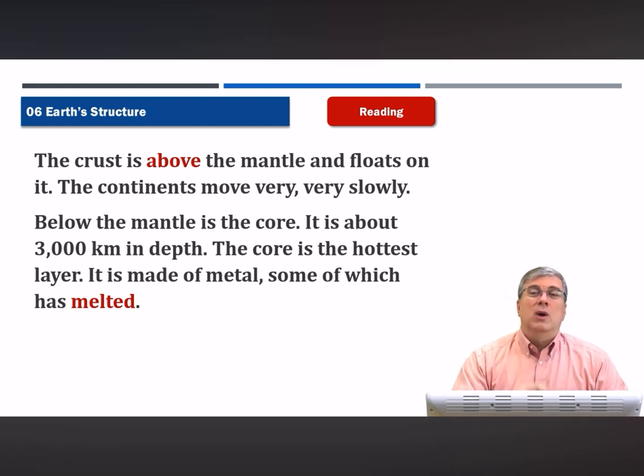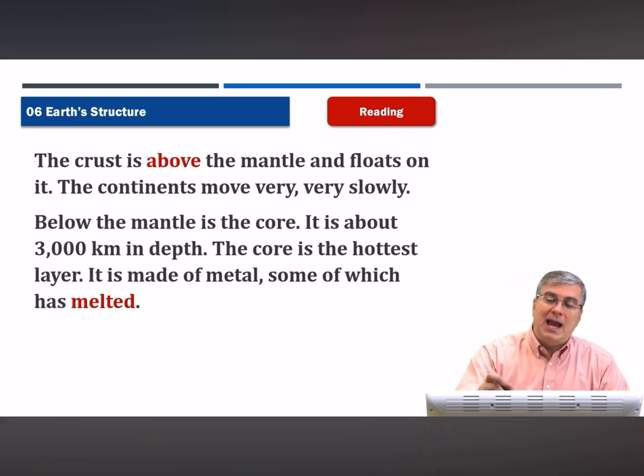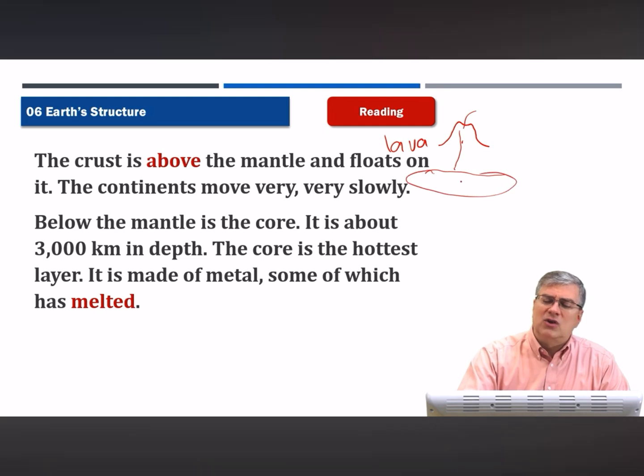Now, of course, when we experience liquid rock in nature, we call it lava. And that's the material that comes up out of a volcano, right? And it comes up because it's very hot underneath the earth. And so it's so hot that the rock is actually liquid, right?